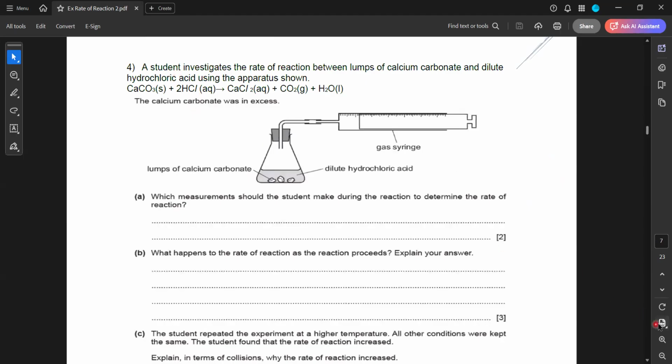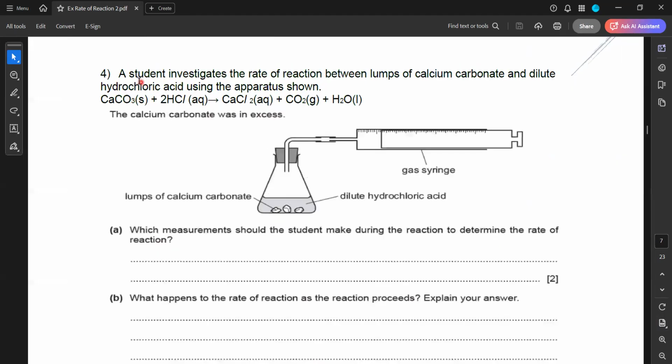Question 4. A student investigates the rate of the reaction between lumps of calcium carbonate and dilute hydrochloric acid using the apparatus shown.